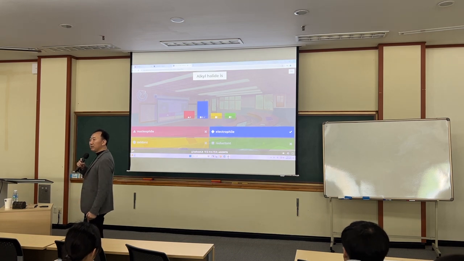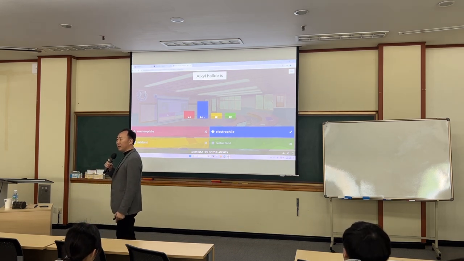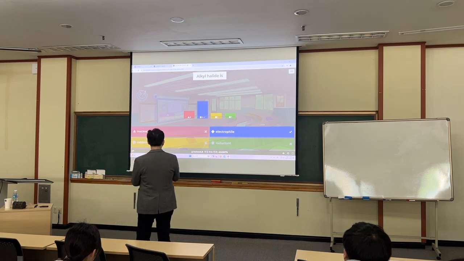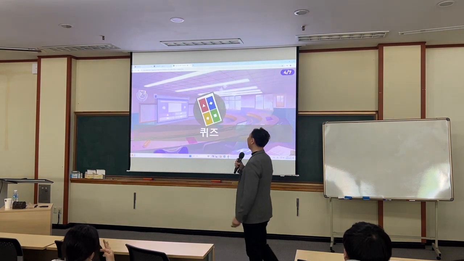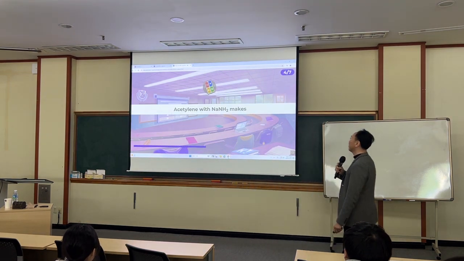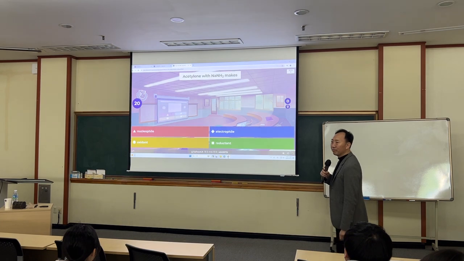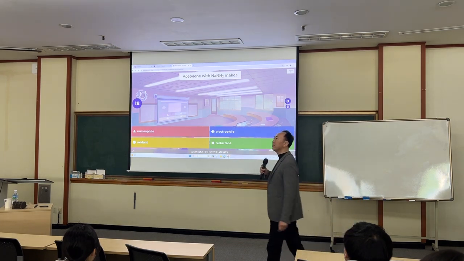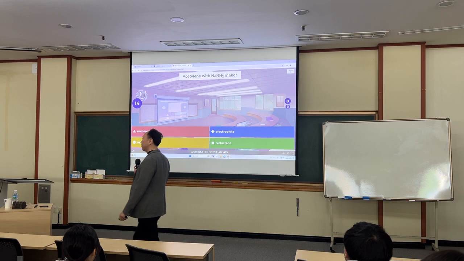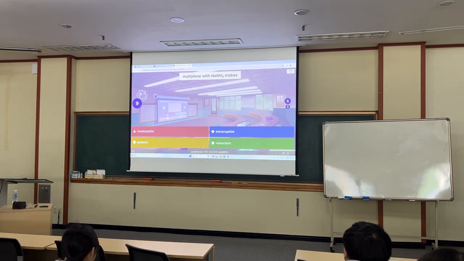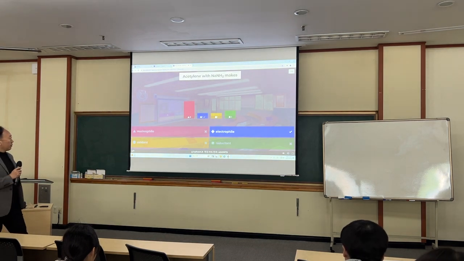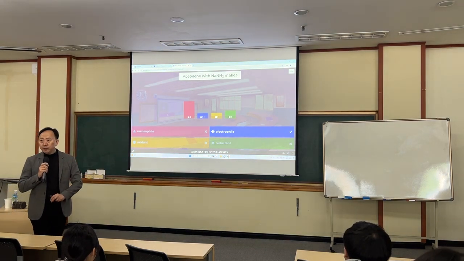Carbon position is electron poor, that's an electrophile. Remove one proton.